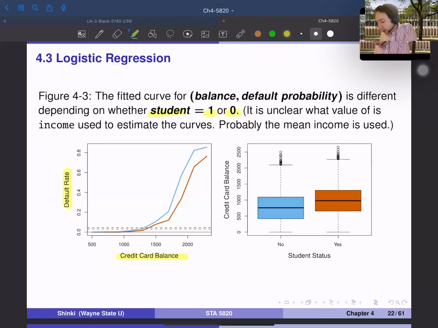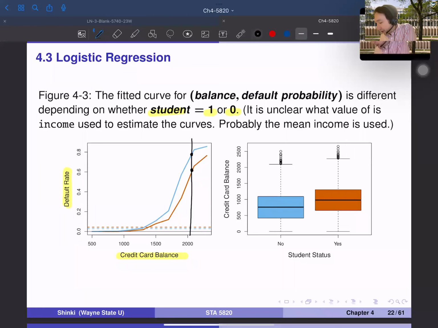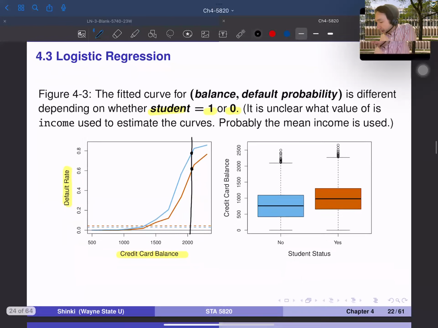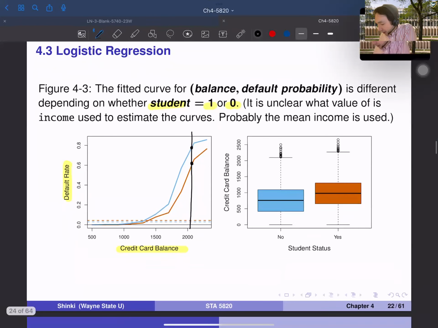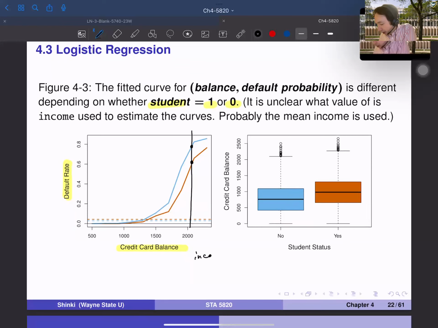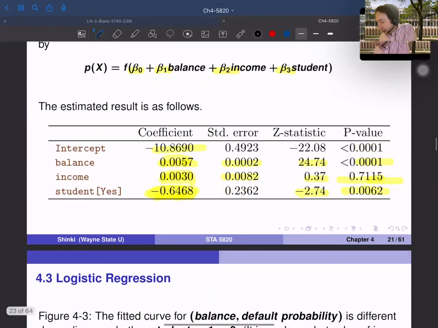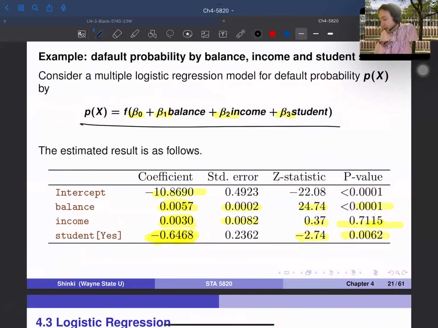But this kind of graph is a little bit complicated to make, because what happens for the other variable, income? It's not clear. Actually, it's not even clear in the textbook. Maybe they substitute the average income. So the original function is here, right?